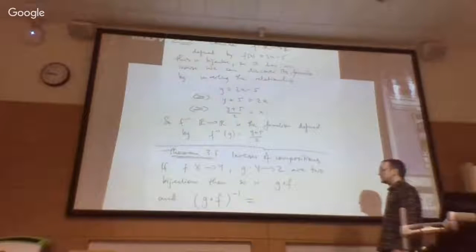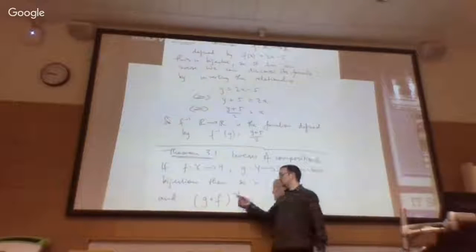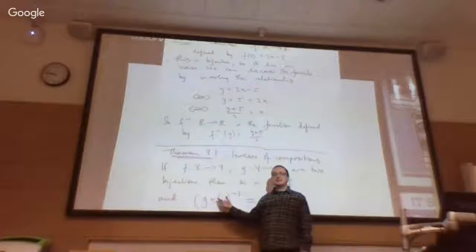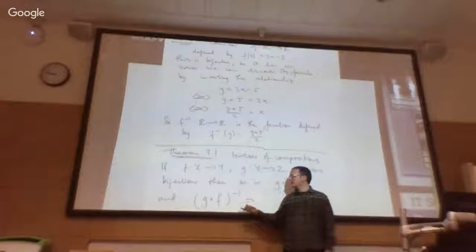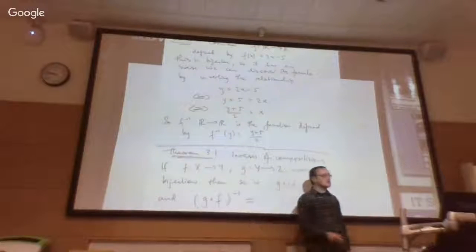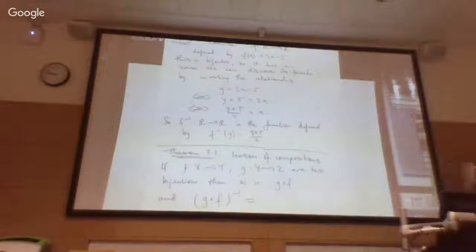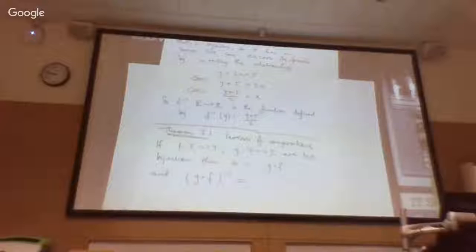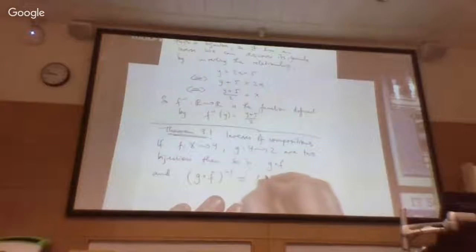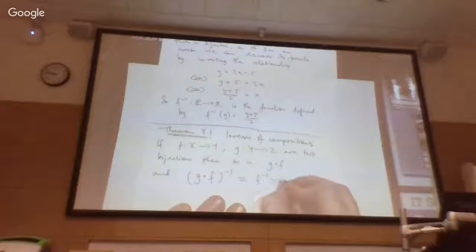And this theorem tells us that the inverse of a composition does have a nice expression in terms of the inverses of the components, but there's an important fact to remember about it, which is that you have to reverse the order. So the inverse of a composition is the composition of the inverses, but in the opposite order.